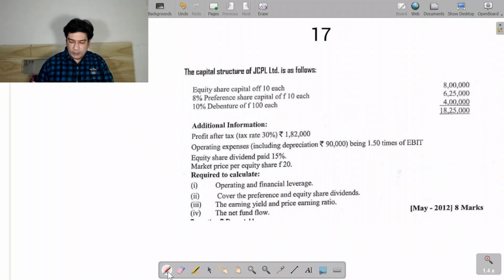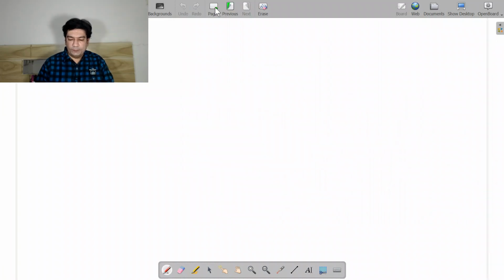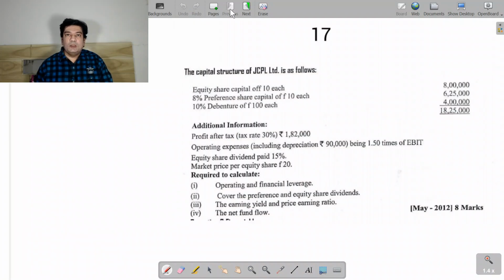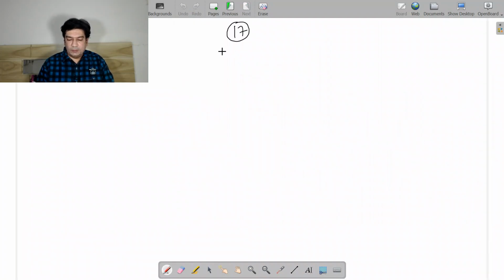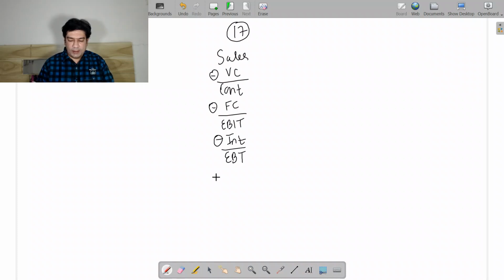So let's start with this. First I will be preparing the format. So we have sales minus variable cost will give me contribution, minus fixed cost will give me earning before interest and tax, minus interest will give me earning before tax, minus tax will give me earning after tax, and from this I will pay preference dividend.